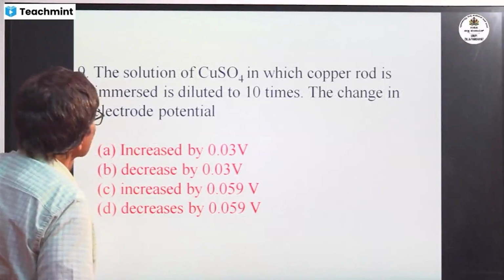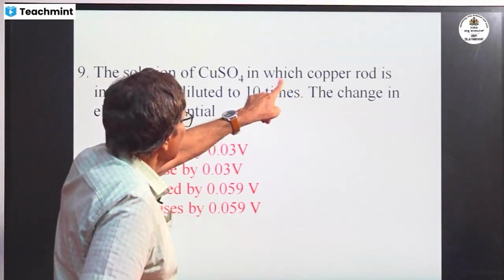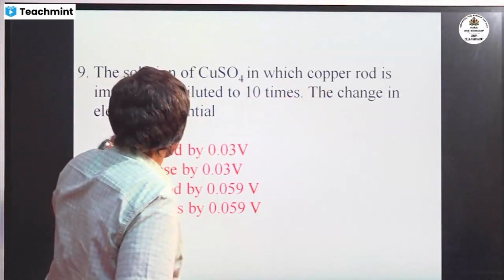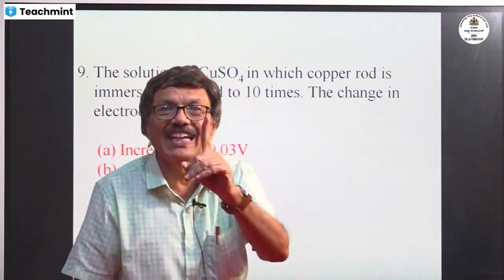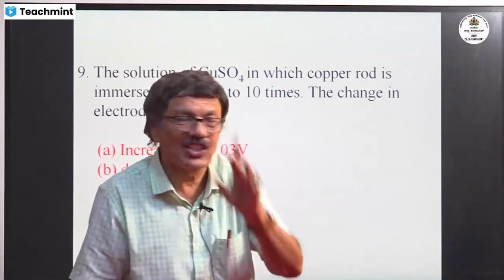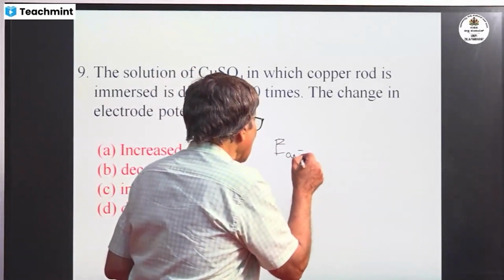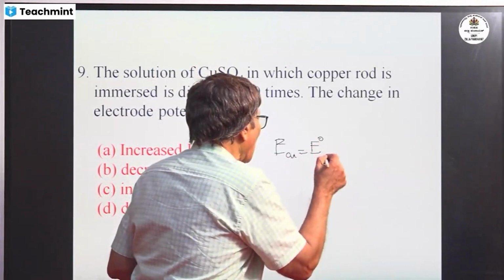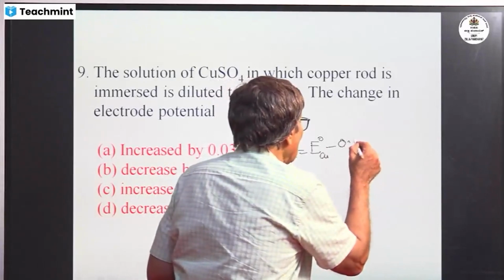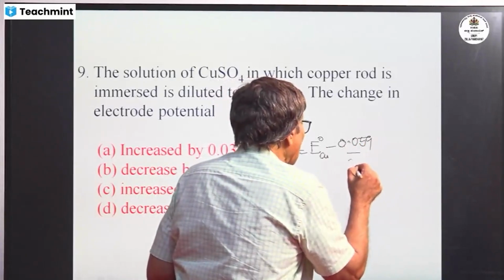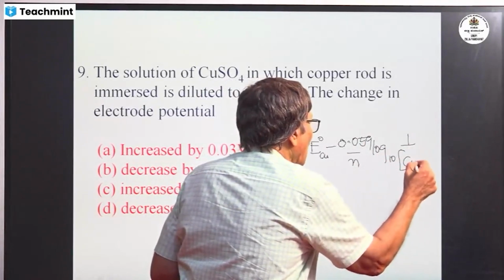Next question. The solution of copper sulfate in which a copper rod is immersed is diluted 10 times. So it is the Nernst equation for a single electrode. For the copper electrode, the Nernst equation is E of copper electrode is equal to E naught of copper electrode minus 0.059 by n, which is 2, log to the base 10 of 1 by copper ion.